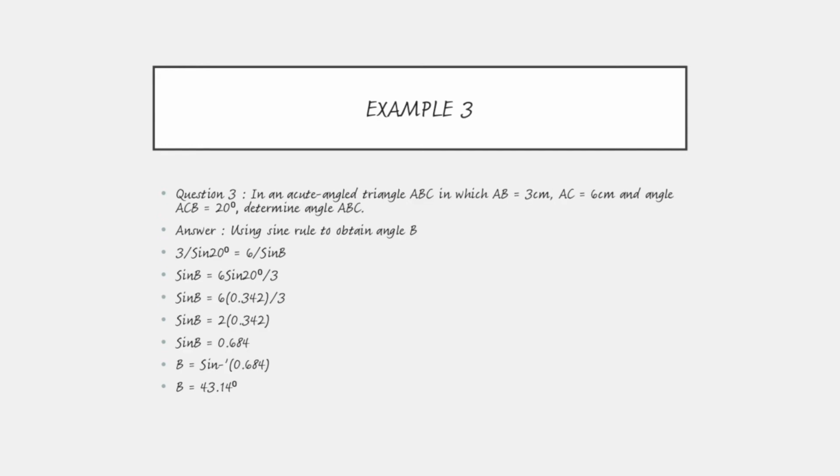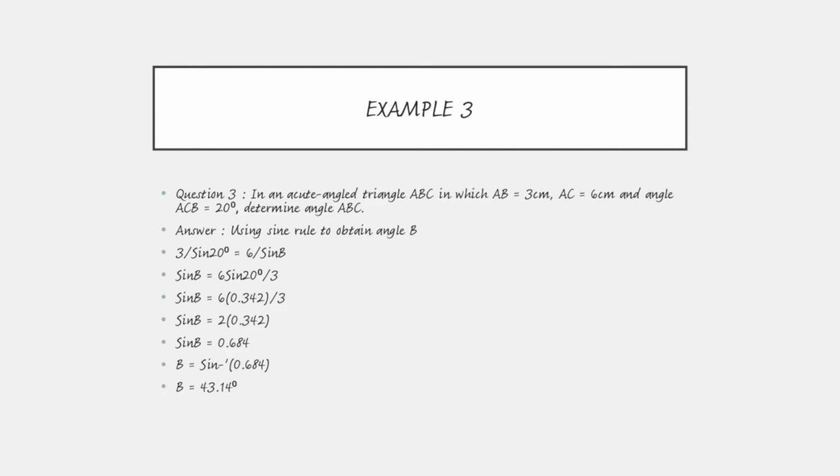Example 3. In an acute angle triangle ABC, in which AB equals 3 centimeter, AC equals 6 centimeter, and angle ACB equals 20 degree.